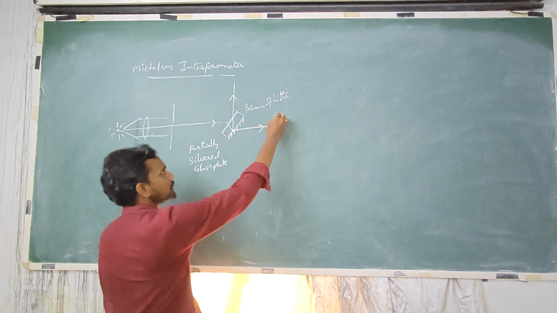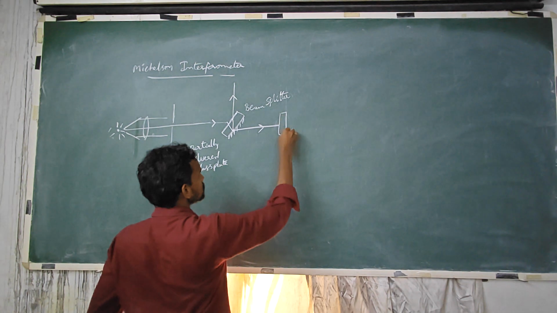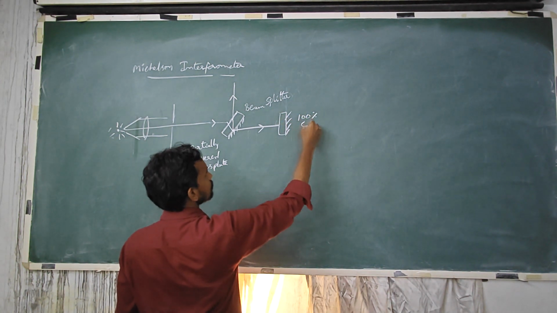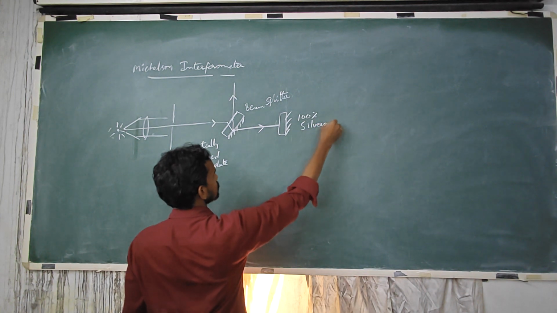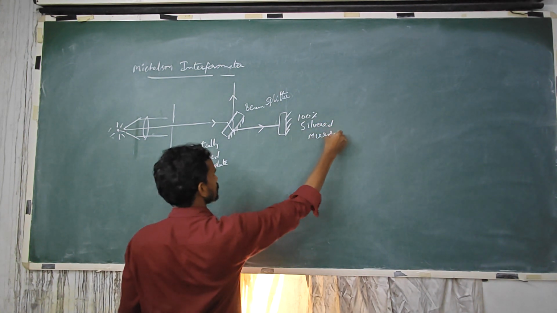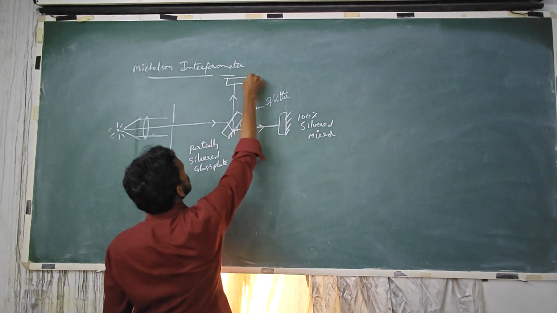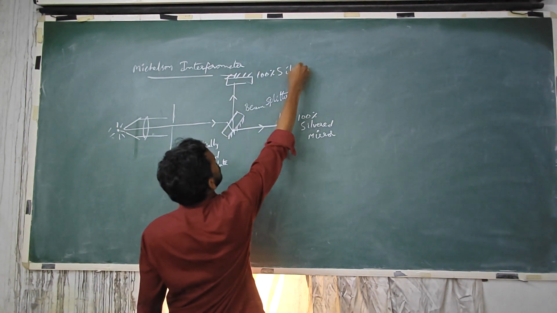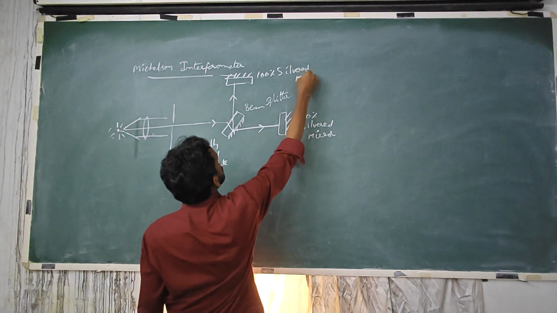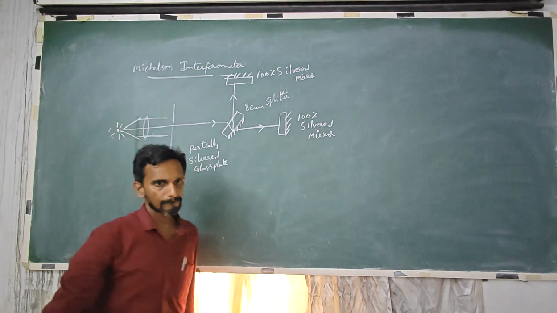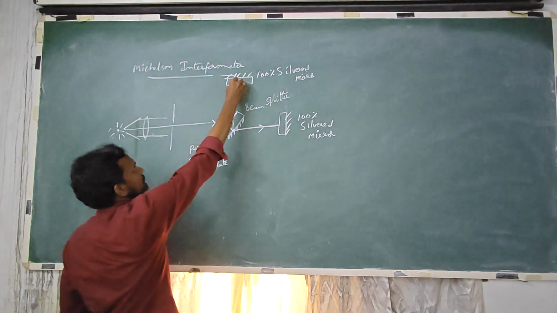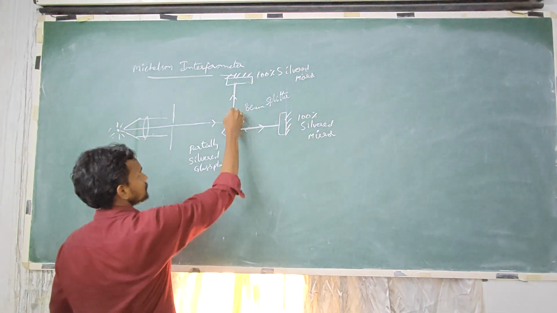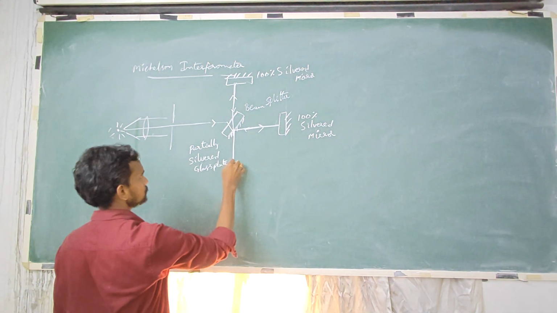Okay, we use two more mirrors, 100% silver. Here also 100% silver. So the light rays will be reflected back, and they both merge together here, and an interference pattern is formed.